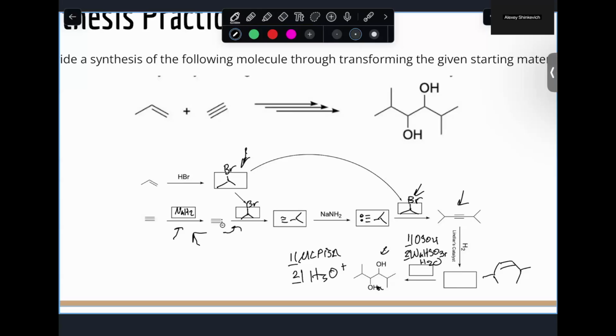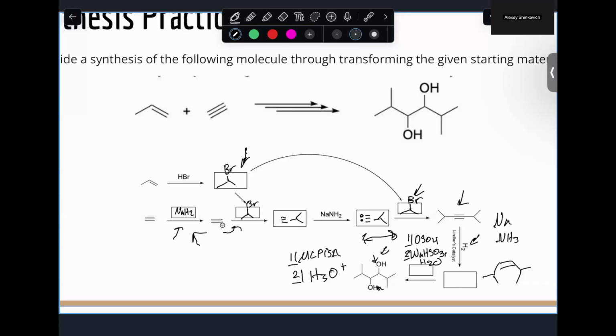So you're saying instead of this, we use Na and NH3? Yeah, you could do that. Because there's no stereochemistry here, we can use either one of these.